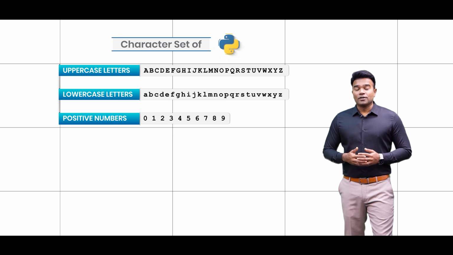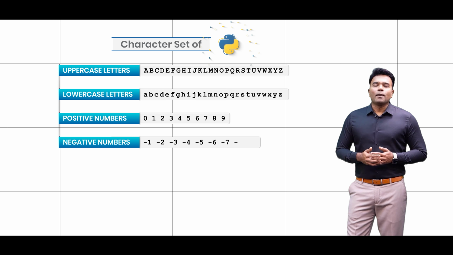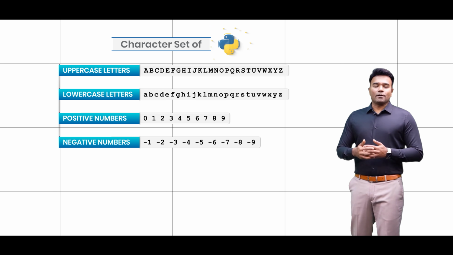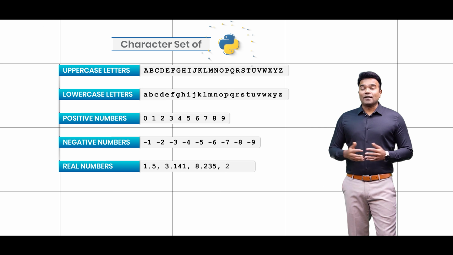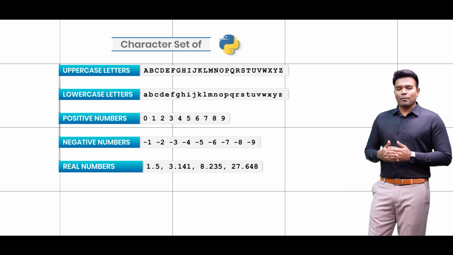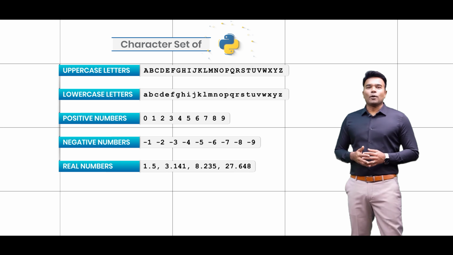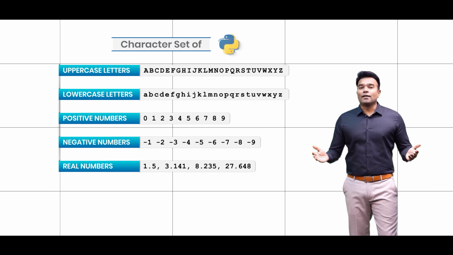Yes, not only the positive numerical values, even the negative numerical values also happen to be a part of the character set of Python. Well, not only that, numbers like these, which have a decimal point in them, also happen to be in the character set of Python. And let me tell you that such numbers which have a decimal point in them are what we refer to as the real numbers. And all of these happen to be the character set of Python.